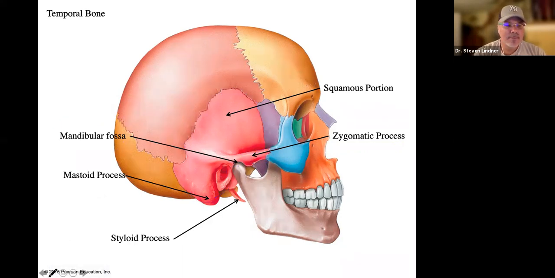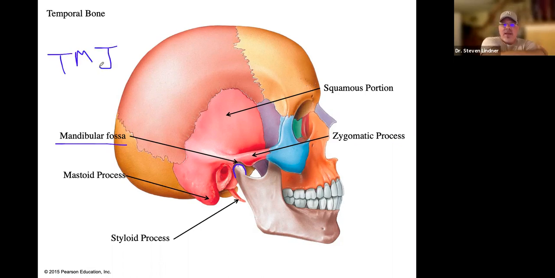Okay, let me bring the pen back. This is the mandibular process, and it fits in the mandibular fossa. The joint where these two meet is what we refer to as the temporomandibular joint, or TMJ.